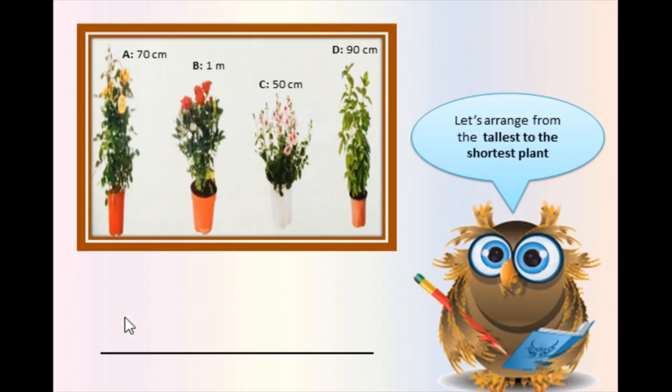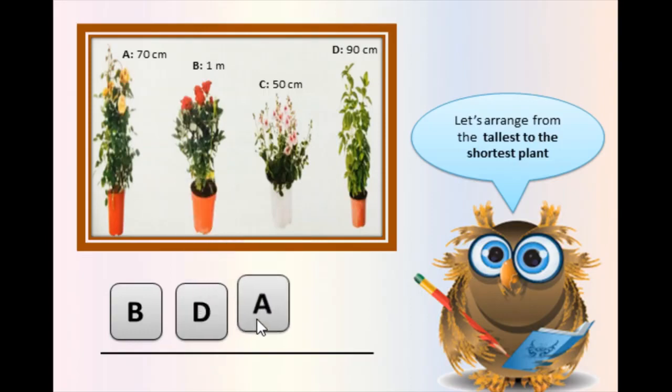Very good. It's plant B. Good job, everyone. What's the next plant? Good job. It's plant D. Well done. How about the second to the last plant? Alright, we have plant A. Good job.